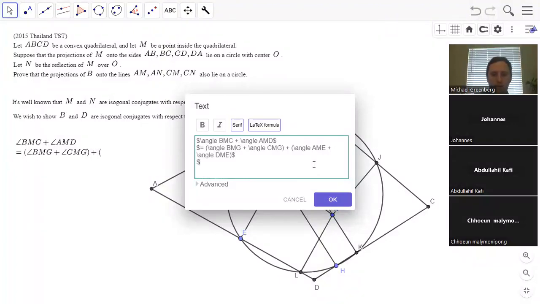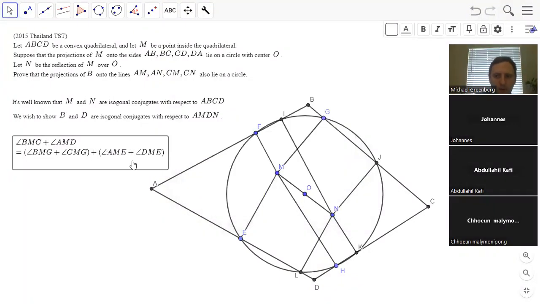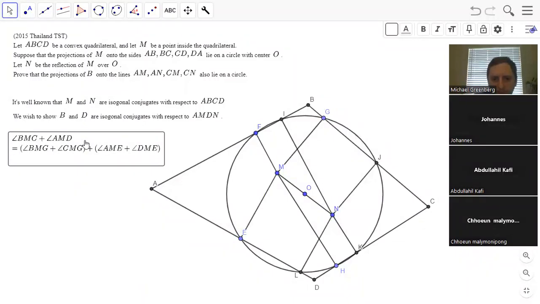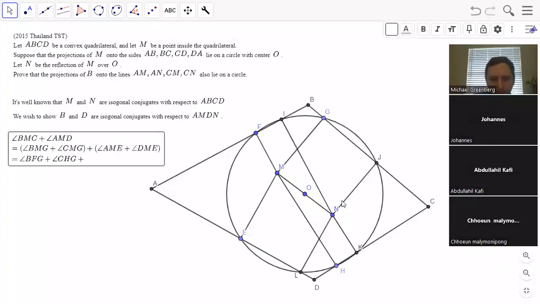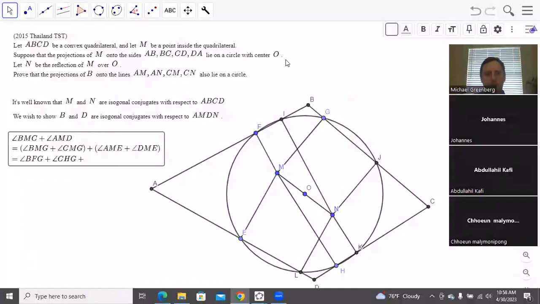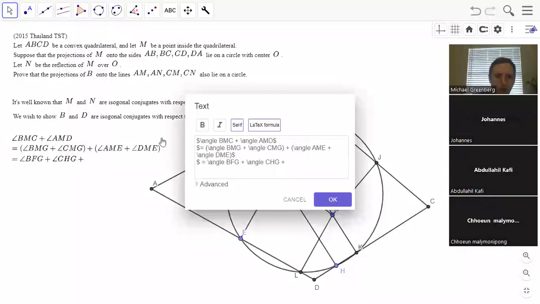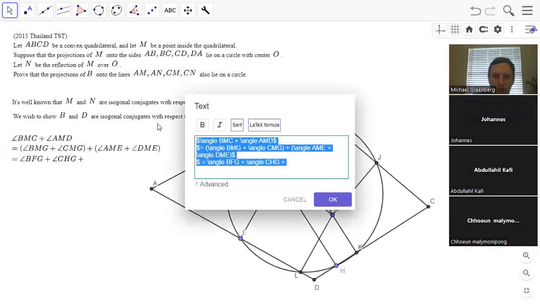And then I think I can do it here. But thanks for offering. And then that's BFG plus CHG. And then AME is, okay, maybe you found an easier way to do it. So let's see.